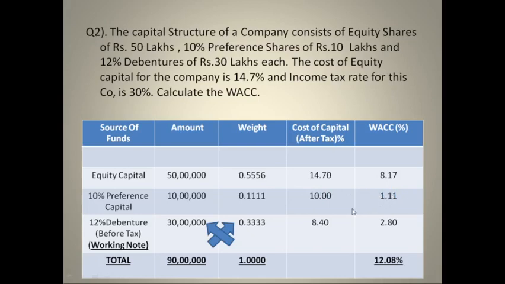Finally we add the weight of debentures into the cost of debentures, and we get 2.80. The combination of all these three components brings us the weighted average cost of capital, which is 12.08 percentage.